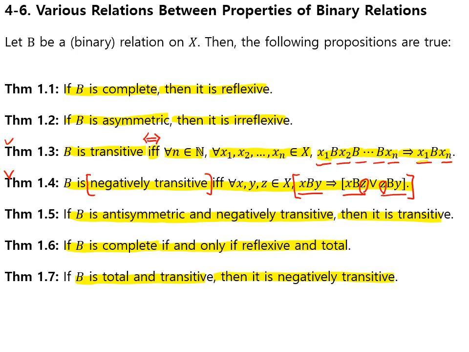So all of these results can be proven by the definitions of all of the properties of the binary relations that we have defined previously. So it's a very good practice and exercise to do on your own. So I will not prove these three in class, but it would be good practice for you to do it on your own.